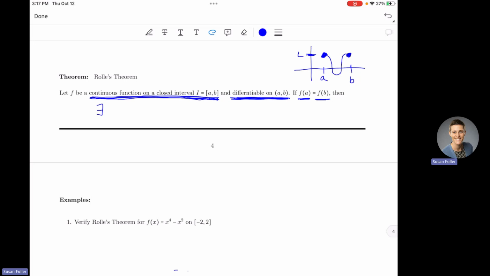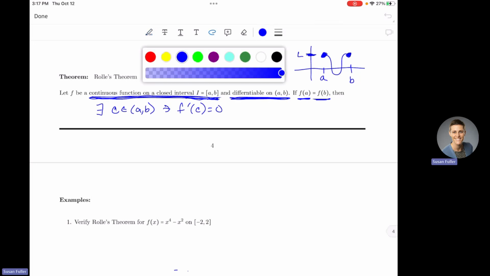Hopefully you're starting to get comfortable using some of these math notation symbols. So this backwards E is there exists a c value, so x equals c in our interval a to b such that f prime of c is equal to 0.